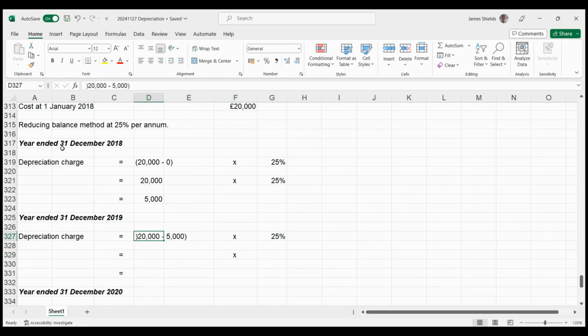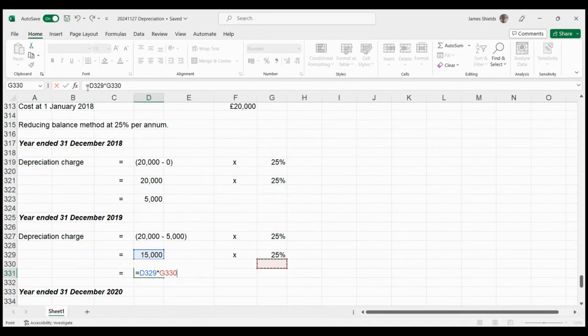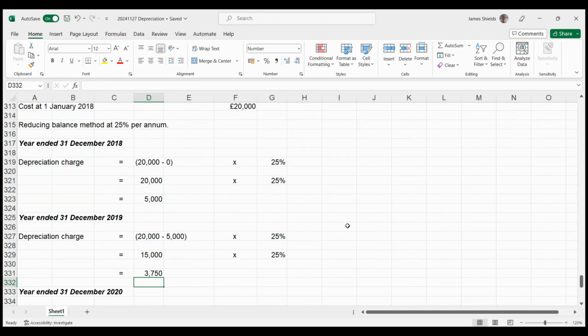So 20,000 take away 5,000 is 15,000, and times by 25% should give you £3,750. So that's our depreciation charge for the year ended the 31st December 2019.